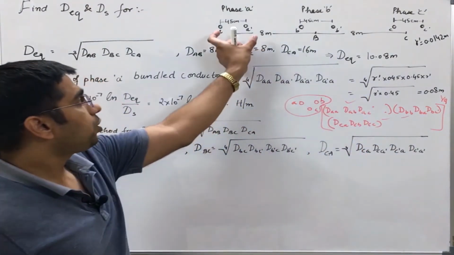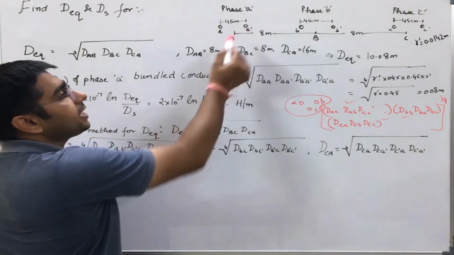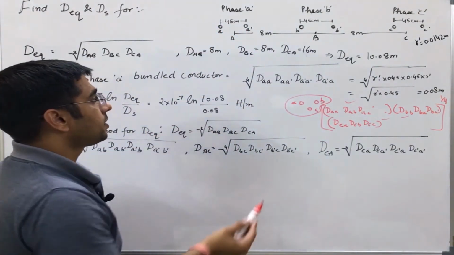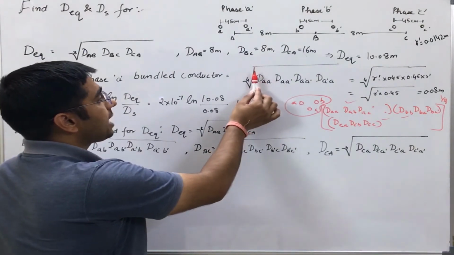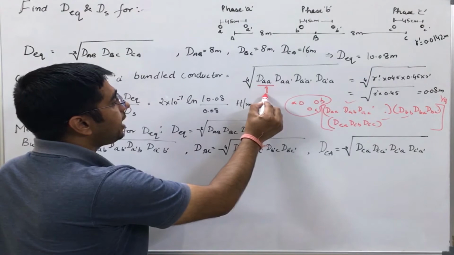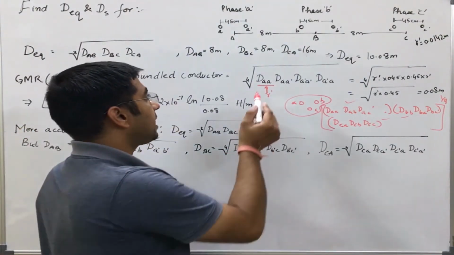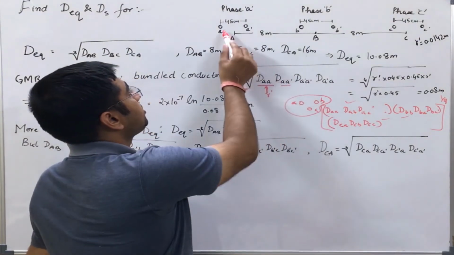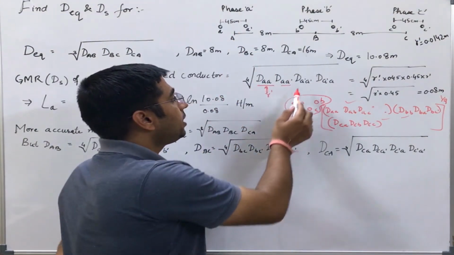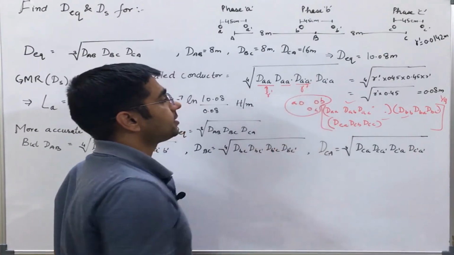Now there are only 2 conductors per phase. So how will it be done? A and A dash are the 2 conductors. So how will we calculate? DAA is nothing but R dash, as we already told in the previous lectures also. Now DAA dash is given as 45 centimeter. DA dash A dash is again R dash.